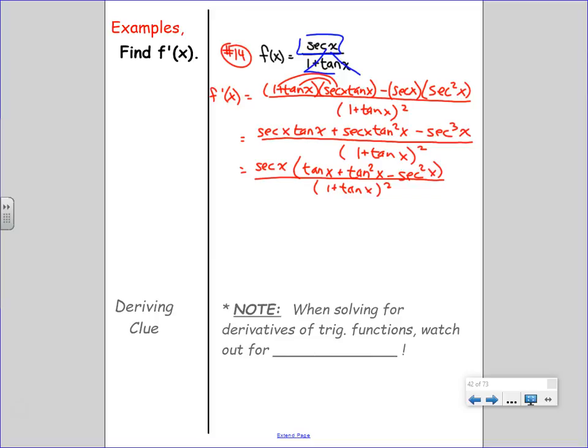The bottom secant squared x. Isn't it bottom? Wait.